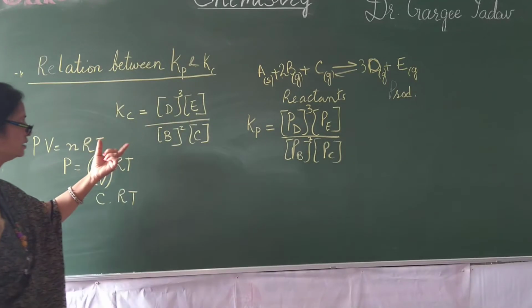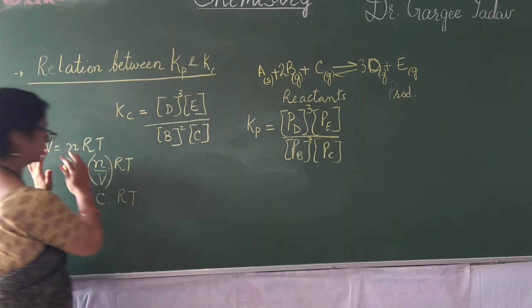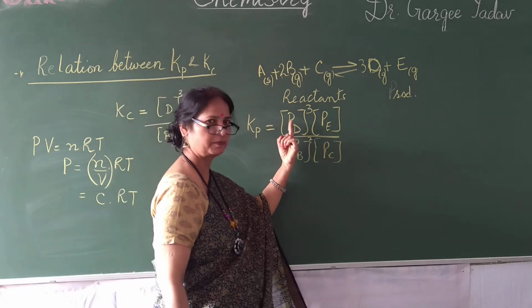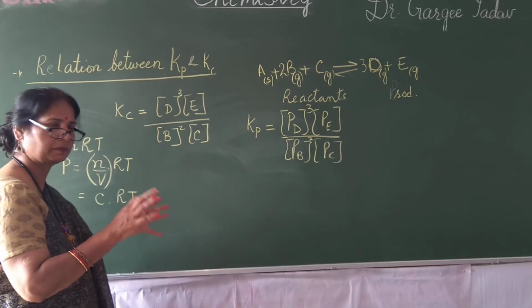So when we write this in terms of this, what will we do? Pressure is equal to CRT. So in place of the partial pressure of D, we can write the concentration of D multiplied by RT.